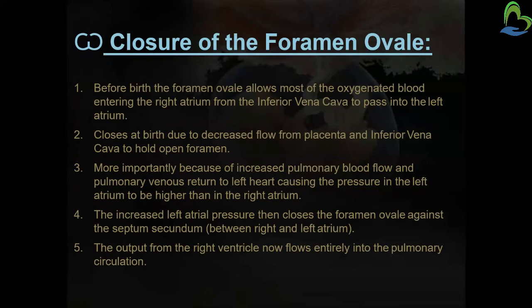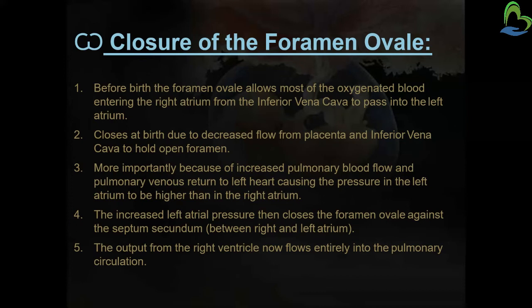Last, that is the closure of the foramen ovale. Before the birth of the baby, the foramen ovale allows the oxygenated blood entering the right atrium from the inferior vena cava to pass into the left atrium. We already discussed the steps of the fetal blood circulation.